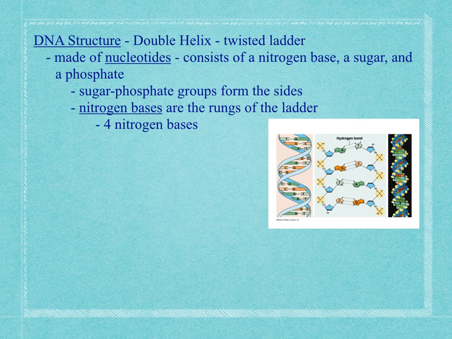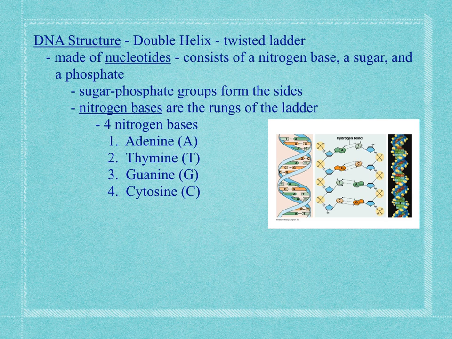And there are 4 of those nitrogen bases. So the first one is adenine. Then we have thymine. Then we have guanine. And then we have cytosine. So A, T, G, C. Those are the 4 nitrogen bases that are involved in DNA. When those bases pair up, they're going to pair up in a really specific way.